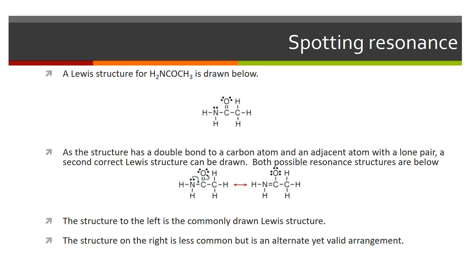Okay, this goes through ways for you to spot whether or not resonance will be possible. What we usually see is where we have a double bond to a carbon atom with an adjacent atom with a lone pair. We need to be able to stabilize this lone pair. So the ones we've seen mostly have oxygen to another oxygen that's negatively charged.